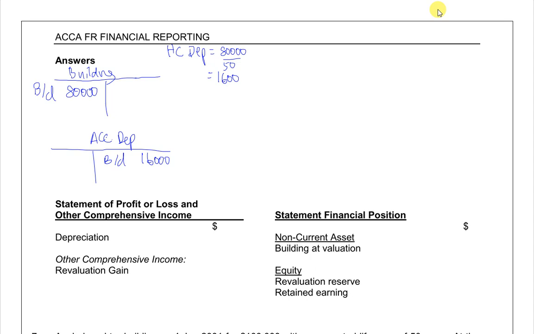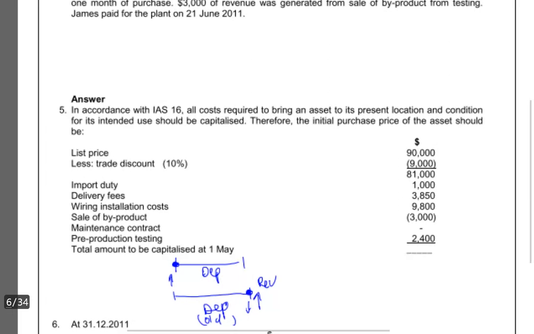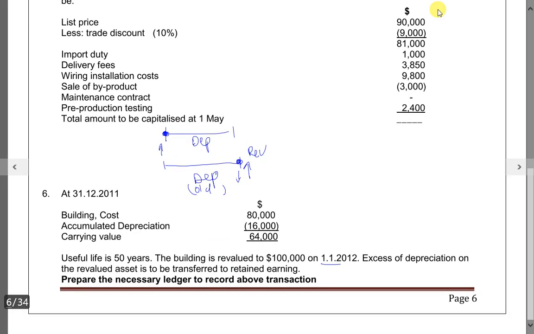And now I want to revalue from 64 to 100,000. So revalue by 36.